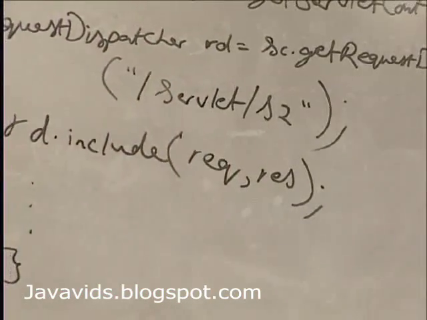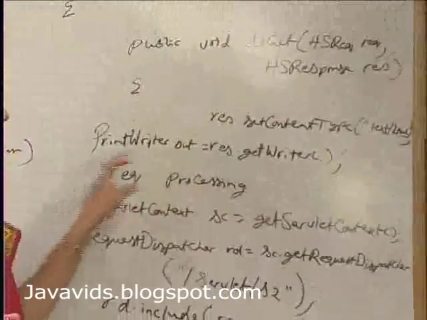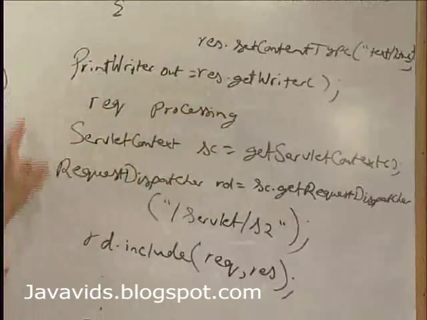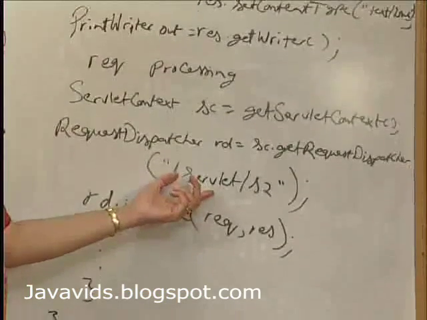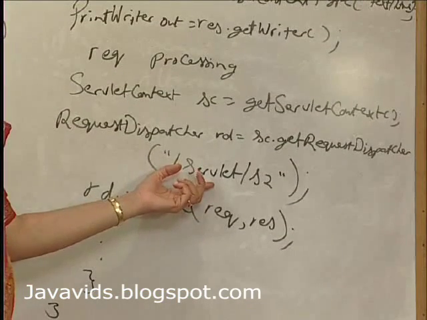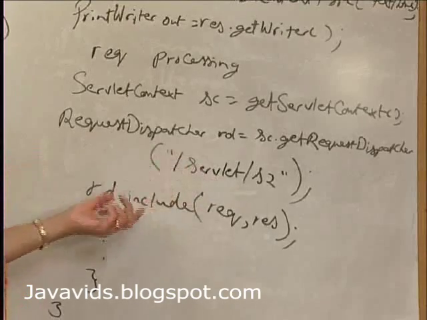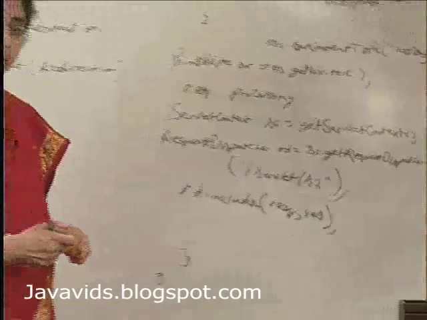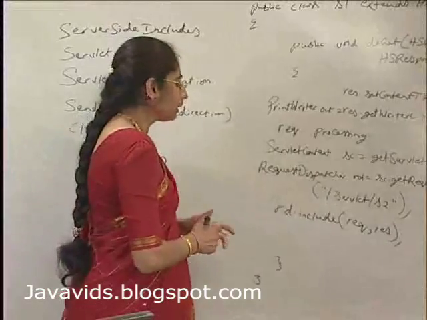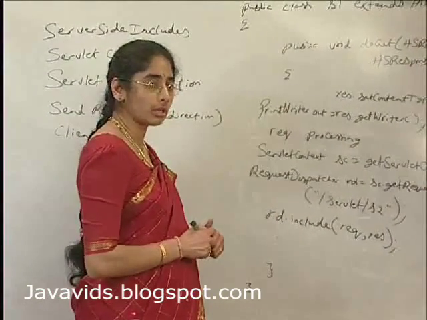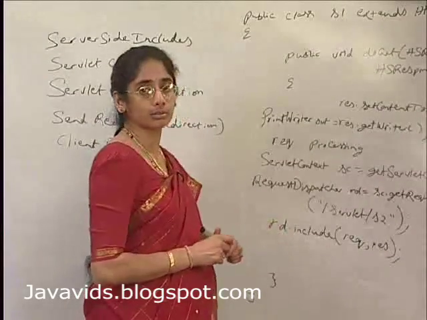Maybe when you have done some request processing here, some information you have derived, you might want to pass to this including servlet. In that case, how do you pass any extra information to the including servlet? This is done by calling the setAttribute method on the request object before calling the include.